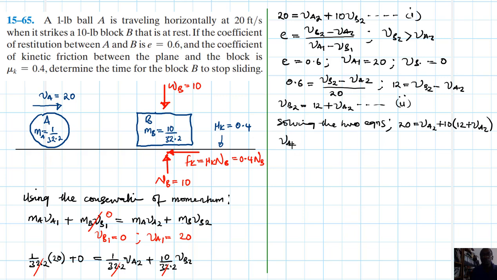So VA2 is going to be equal to (20 minus 10 times 12) divided by 11, so this is a minus 9.0909.